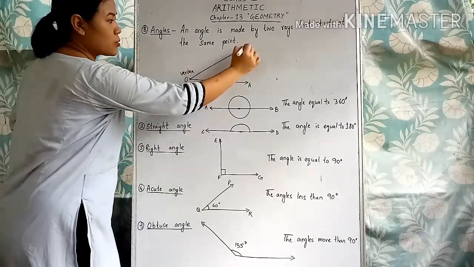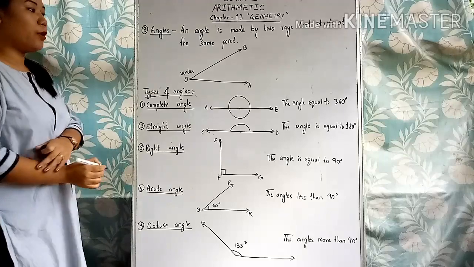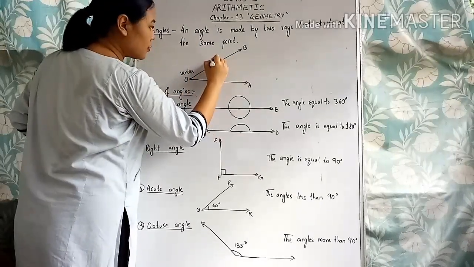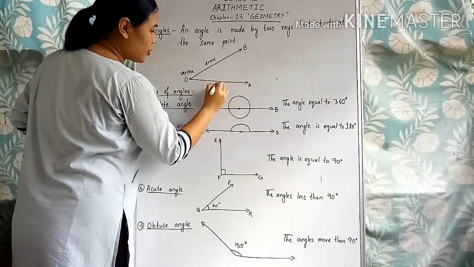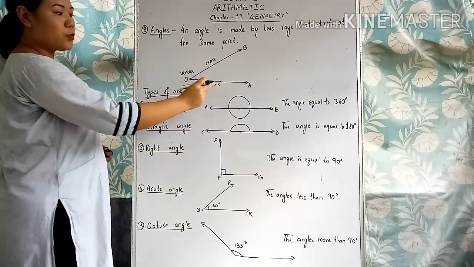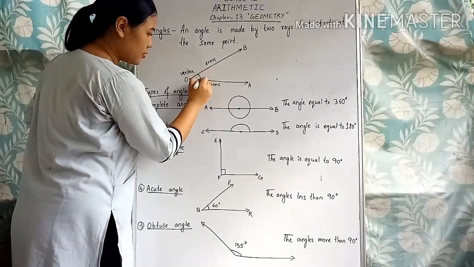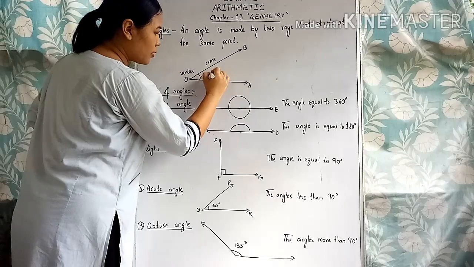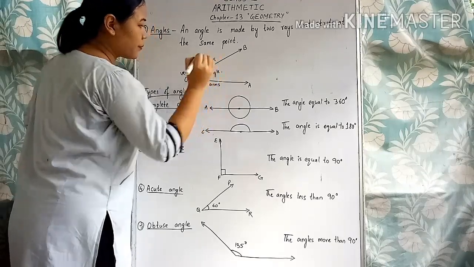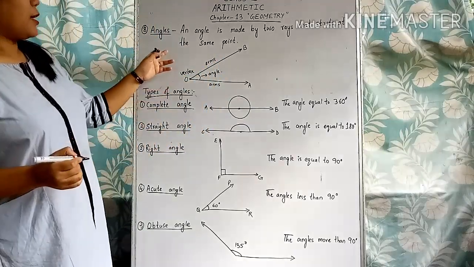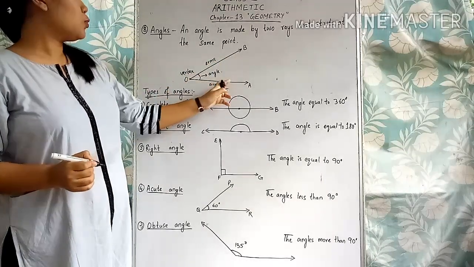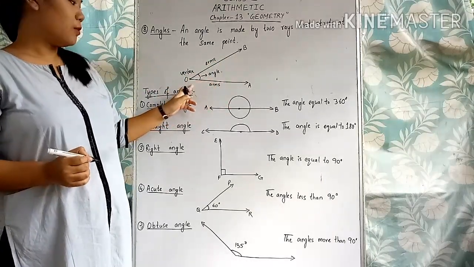And the rays which extend from the point are known as the arms, okay. And the space made by the rays, this is the angle. Clear? So an angle is made by two rays that start at one point.